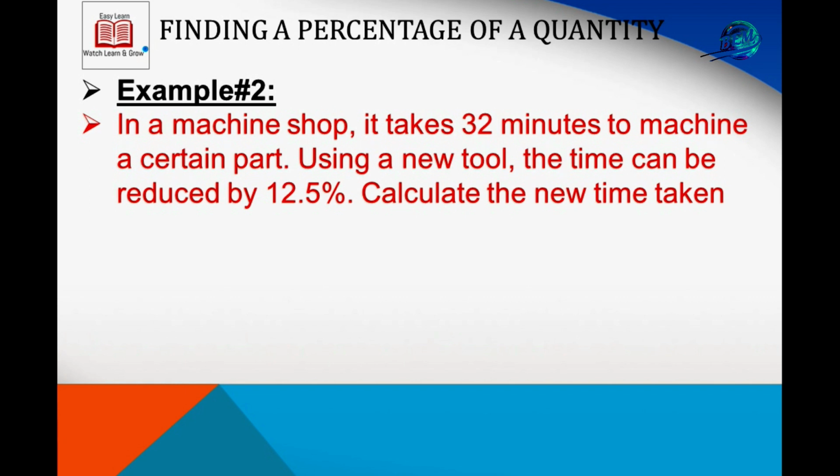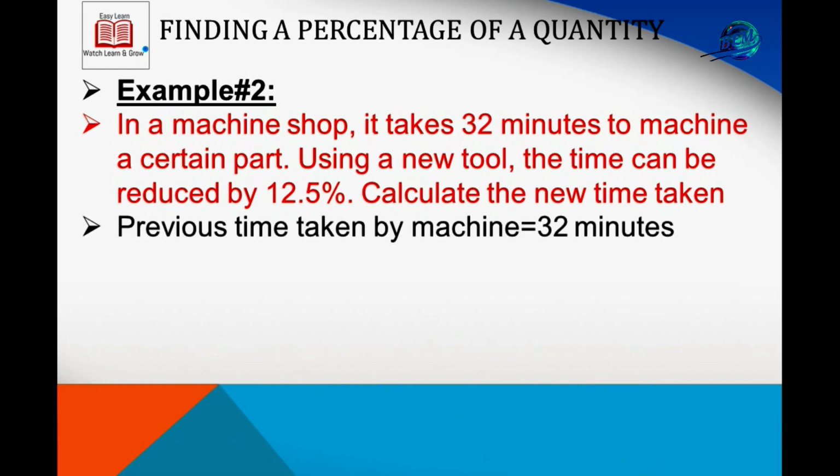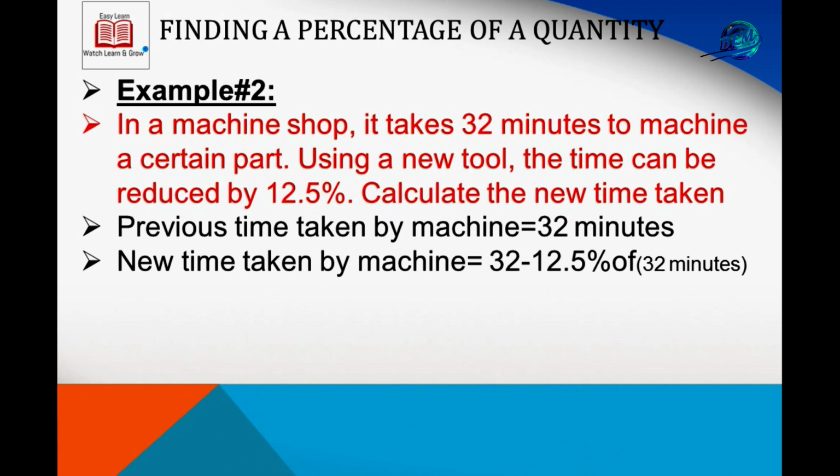This is a very interesting question that we will try to calculate right now. First step, the previous time taken by the machine is of course 32 minutes, and the new time taken by the machine is 32 minutes minus 12.5%, and this 12.5% is of 32 minutes.